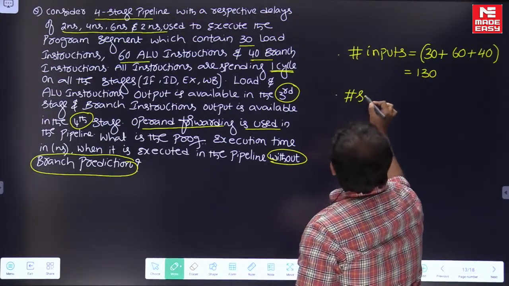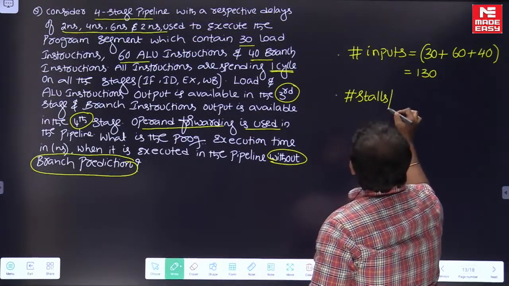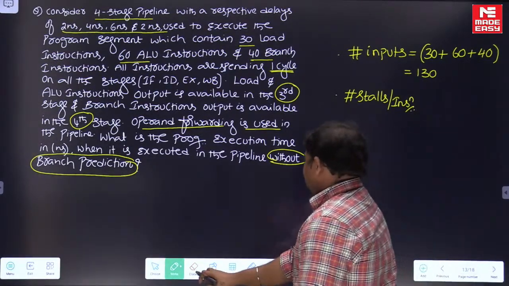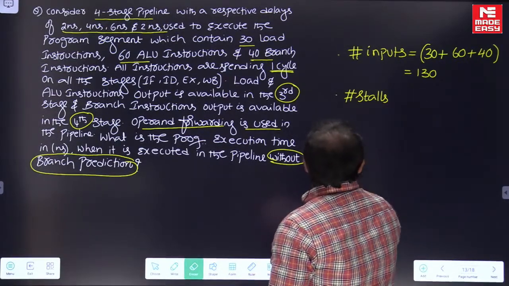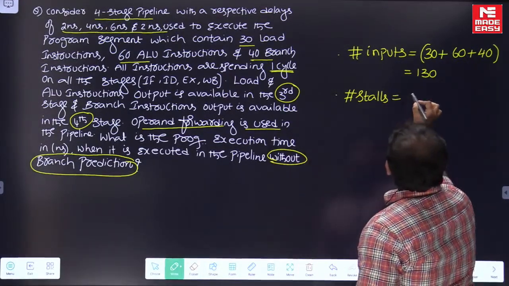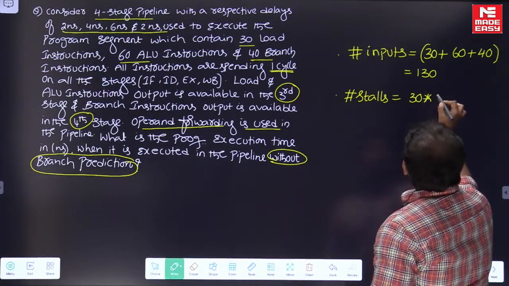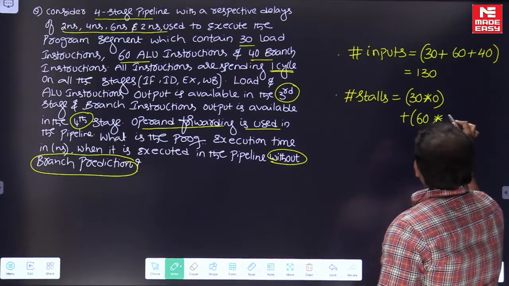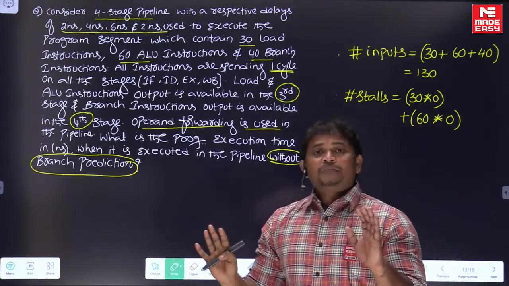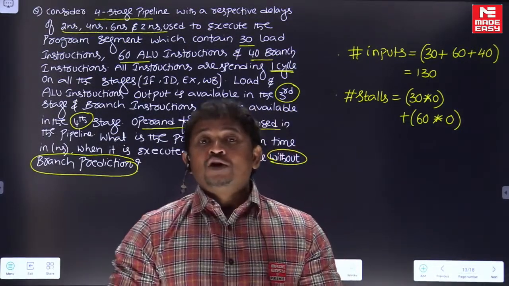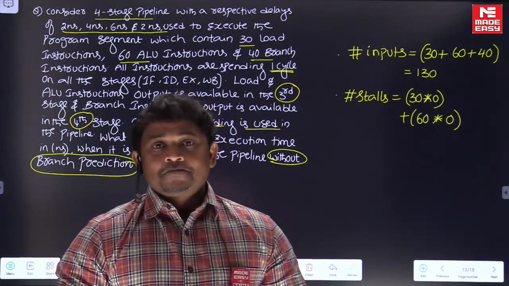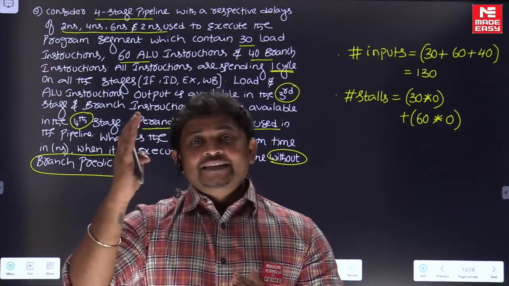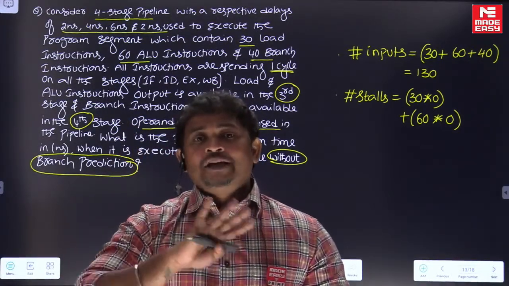Next, the number of stalls in the program, not per instruction. Number of stalls equals 30 instructions into 0 stalls plus 60 instructions into 0 stalls, because operand forwarding from the EX stage to the ID stage means no stalls.